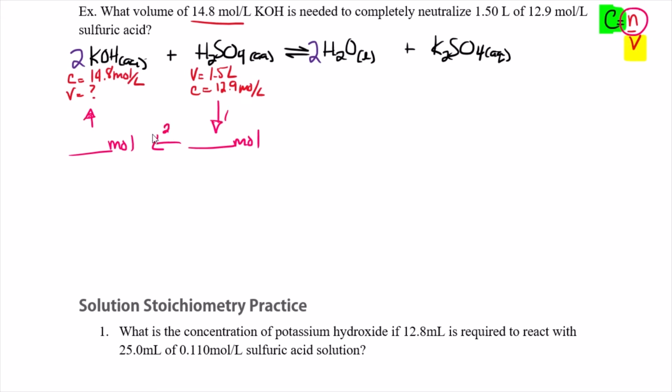So I've got 1, 2, 3 steps. Let's try them. So number 1, I've got my volume, concentration. I'm looking for moles.